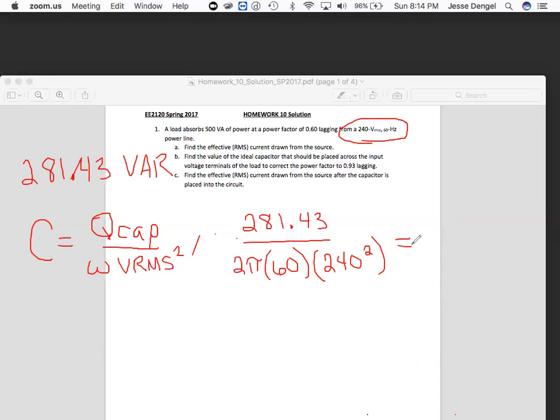And when you actually put this into a calculator, punch it out, you end up with 12.96 microfarads. So that is how big of a capacitor you need. That is the answer to part B.